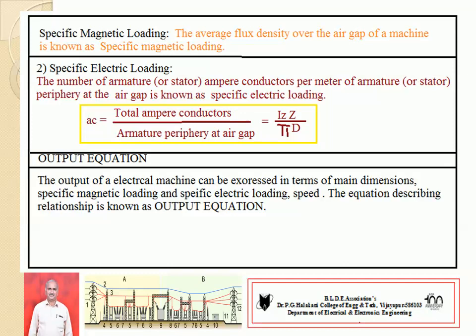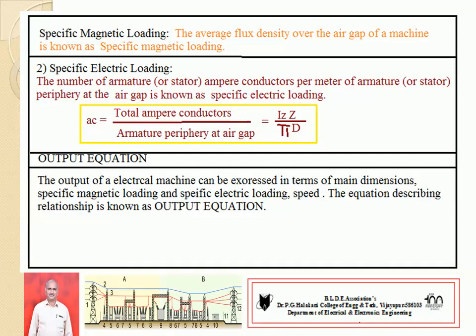Next, what do you mean by output equation? This is a very fundamental equation. Already in the case of a transformer, we saw which parameters are directly proportional to the kVA rating. It may be frequency, window space factor, current density, area of window, or area of iron.